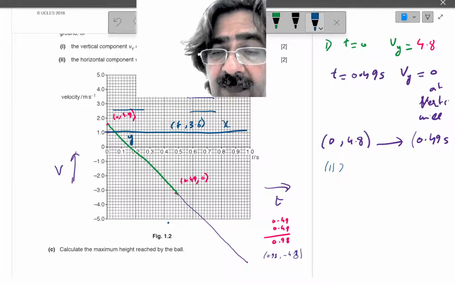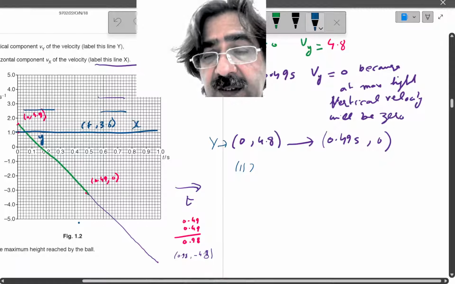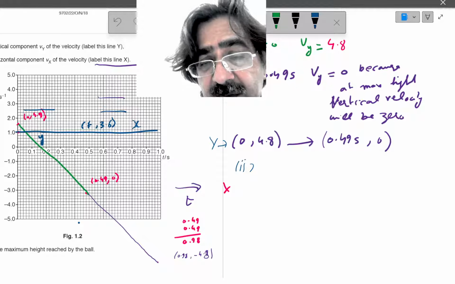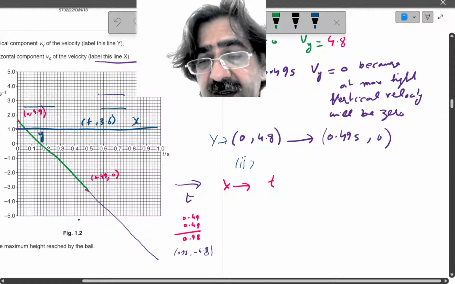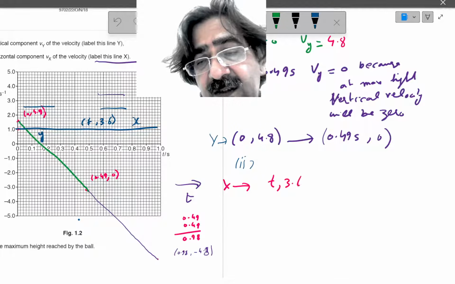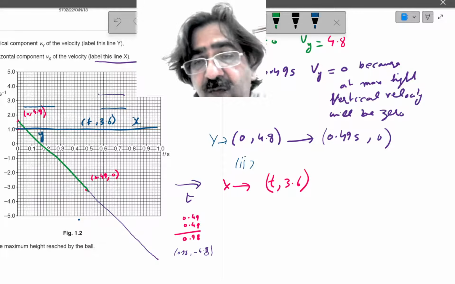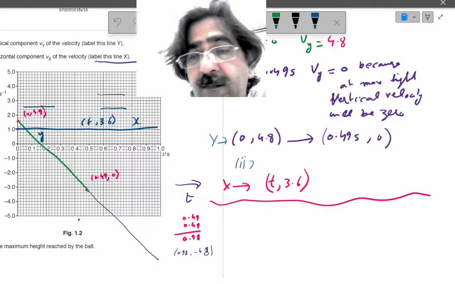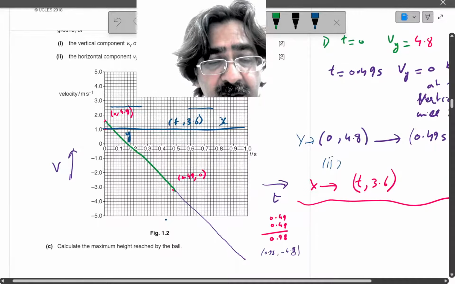So for y, this, and second for x, the change in coordinate will remain the same, 3.6 for all values of t. There will be no variation. So this is the answer for these two.